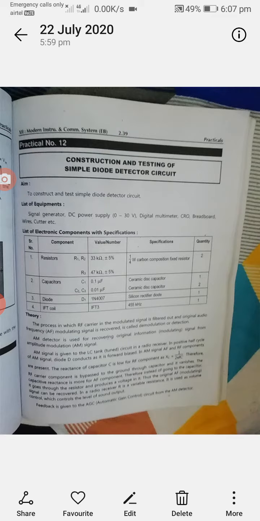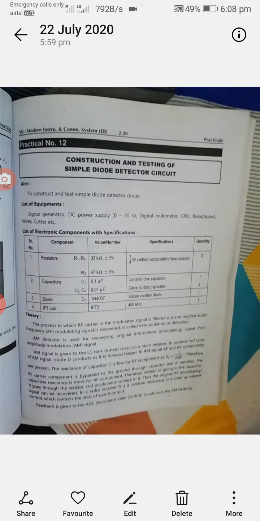In the positive half cycle of the AM signal, diode D conducts as it is forward biased. In the AM signal, AF and RF components, meaning audio frequency and radio frequency components, are present.